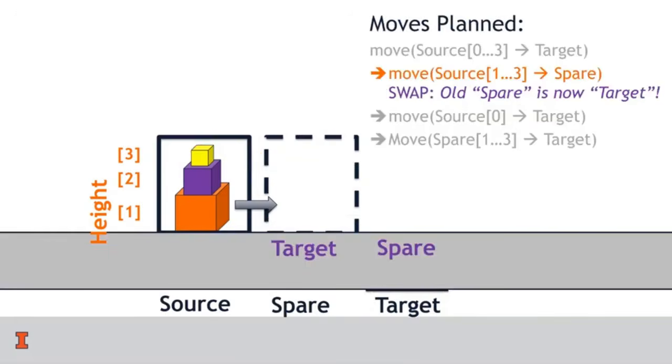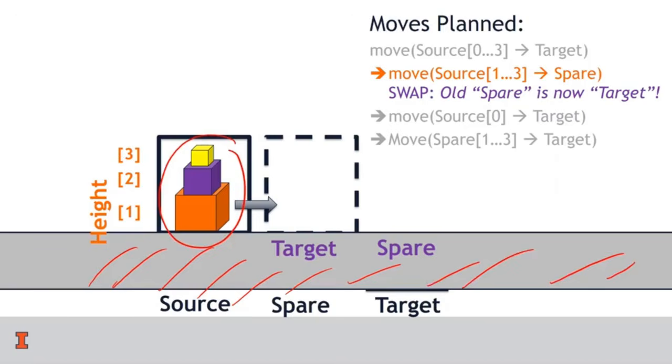Following the logic we described earlier, we can ignore that very bottom layer and now just focus on this subtower of 3 blocks. Notice that here in this subtower of 3 blocks, our target for these 3 blocks is different than the target for all 4 blocks.